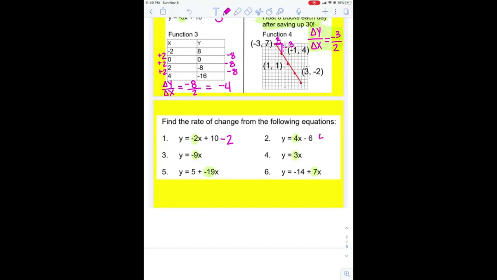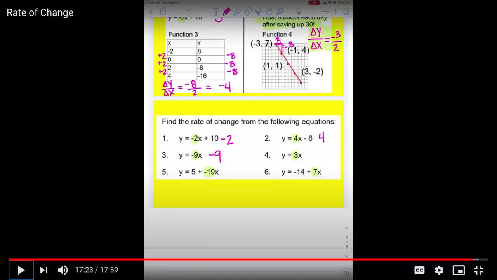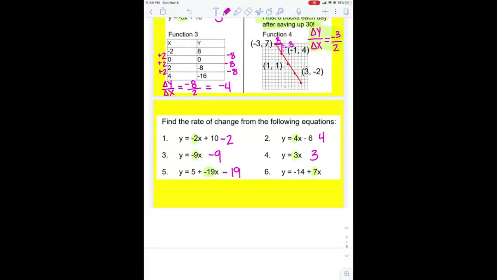So on number 2, my coefficient is a +4, so my rate of change is 4. On number 3, it's a -9, so my rate of change is -9. On 4, my coefficient is +3, so my rate of change is +3. On 5, my coefficient is -19, so my rate of change is -19.